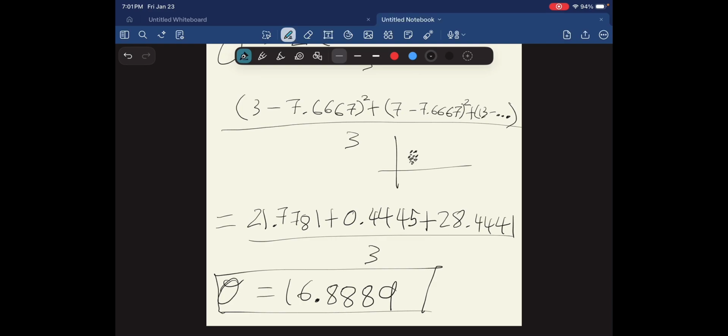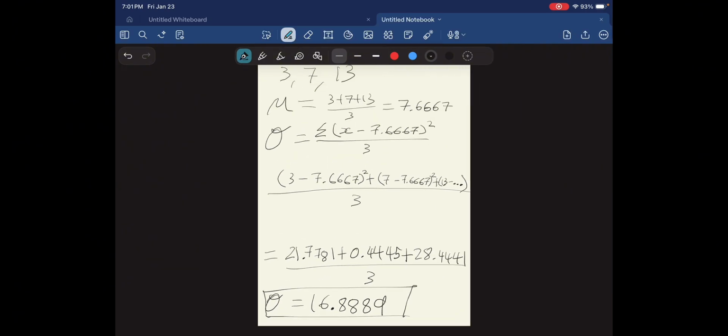But a high standard deviation will show it's really spread out. It's really random, a lot of outliers, and just really random data. So that shows the consistency of your data.